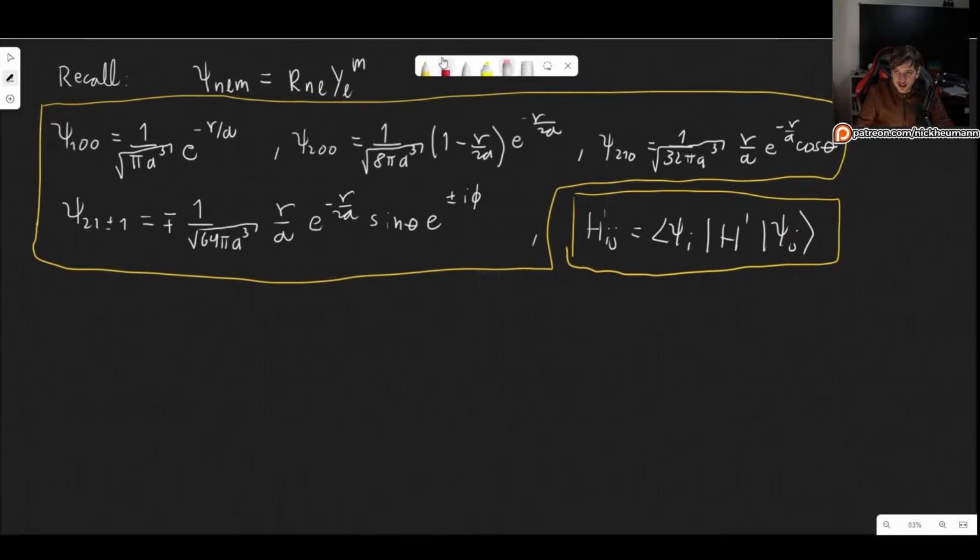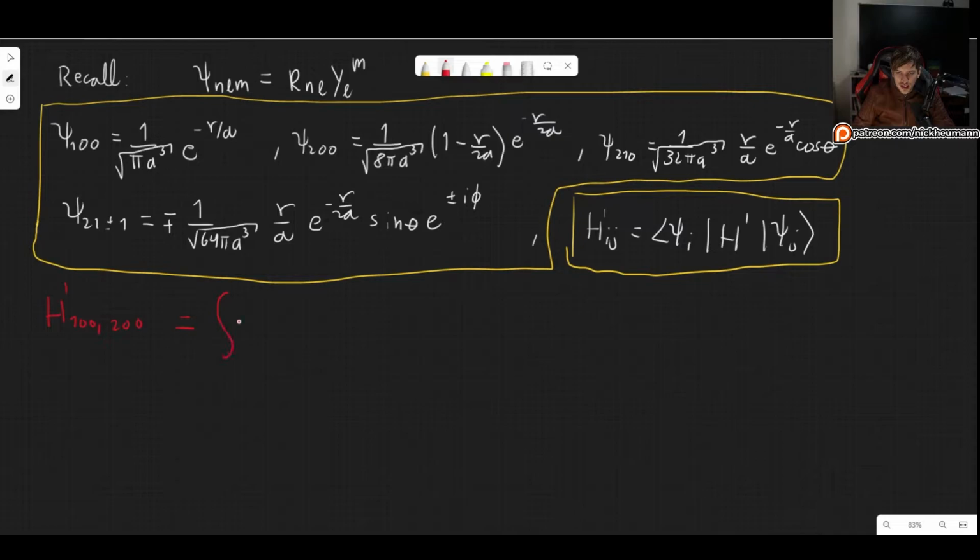So let's begin by taking a look at psi 1, 0, 0. So basically, we will begin with h prime of 1, 0, 0 and 2, 0, 0, right? So we'll combine these two. When we do that, I'm going to do this in more detail, and then we'll do the other ones quicker, like we did before.